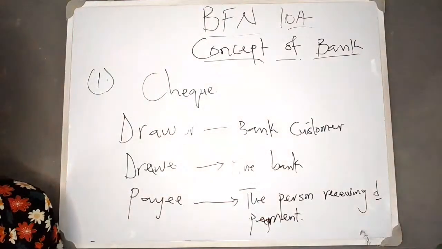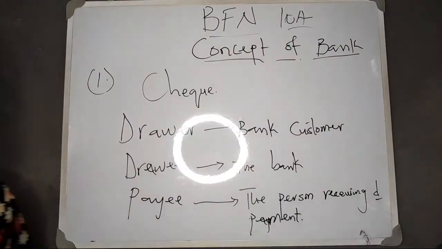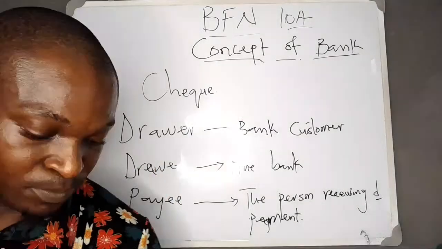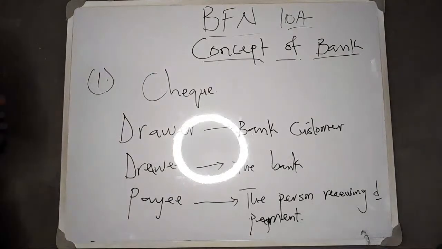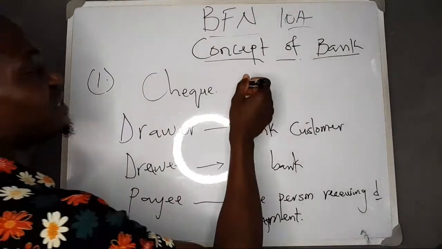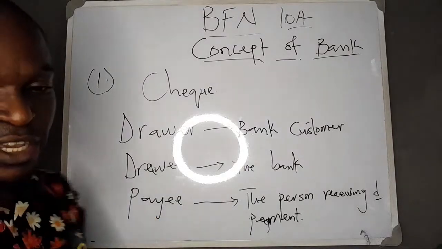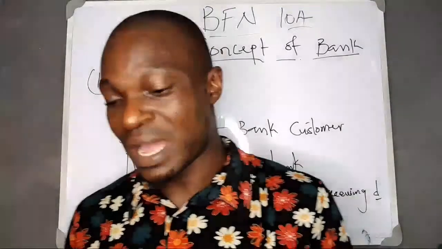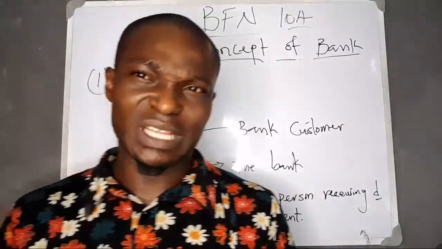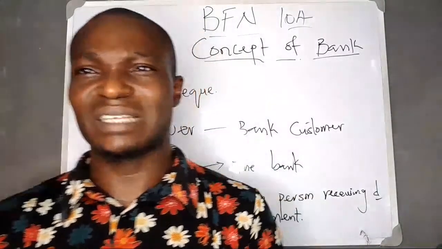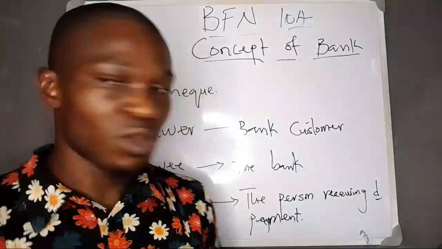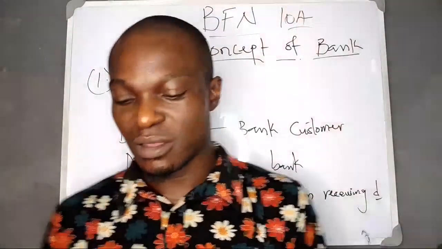So without further wasting of our time, let's quickly go to the characteristics of a valid check. What are the things that can make a check acceptable in the bank? That is what we mean by characteristics of a check. What are the features that must be present with a check that will make the check withdrawable on the counter in the bank?